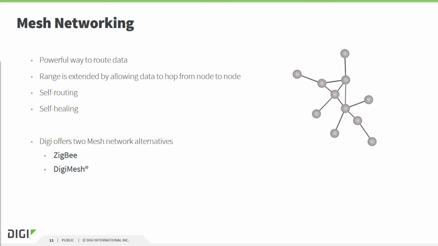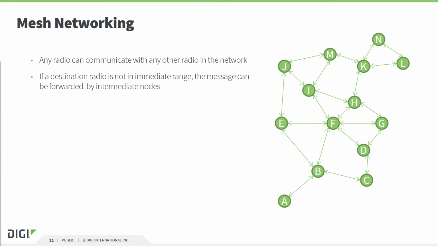Digi offers two mesh network alternatives, which are ZigBee and DigiMesh. The idea is that any node can talk with any other node in the network, and the network will handle the packet in order to reach the destination.